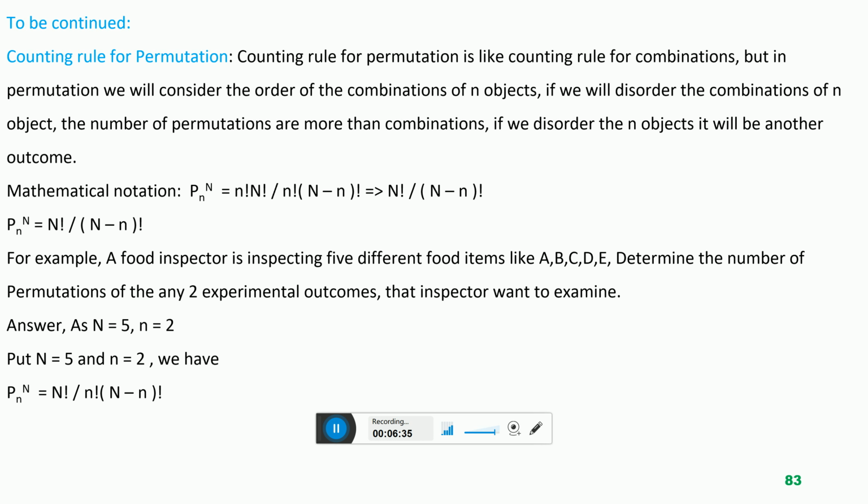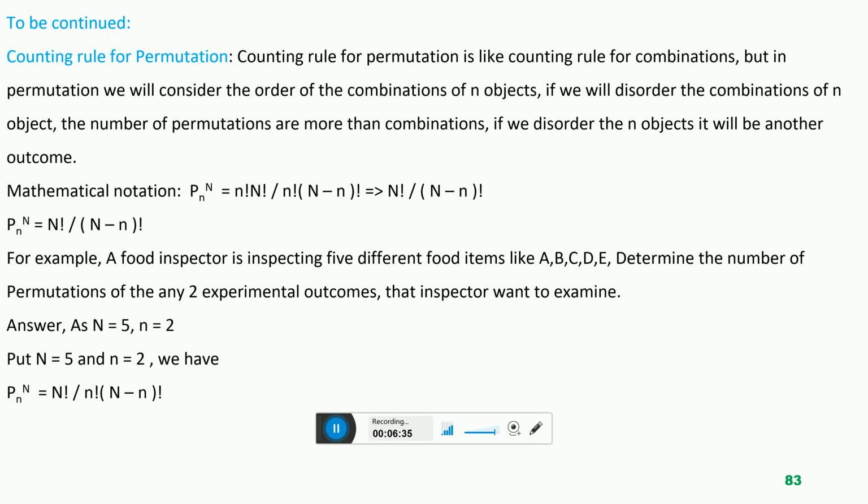So this is the answer to this question: the total objects capital N is equal to 5 and small n is equal to 2. 5 is the large group of objects, capital N, and small n is the group that we choose from the 5.